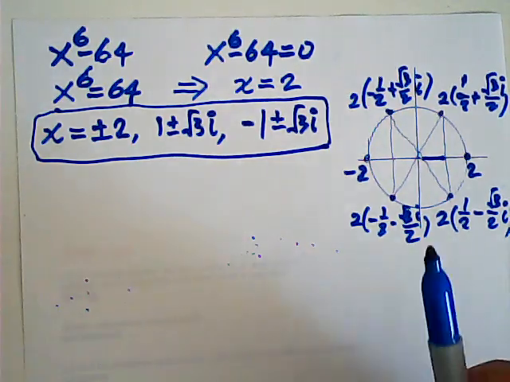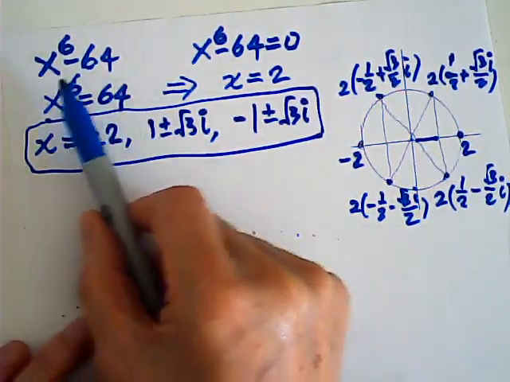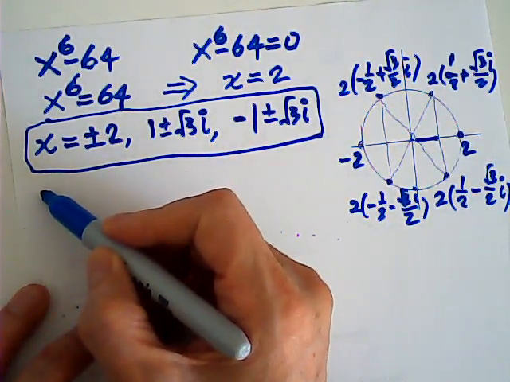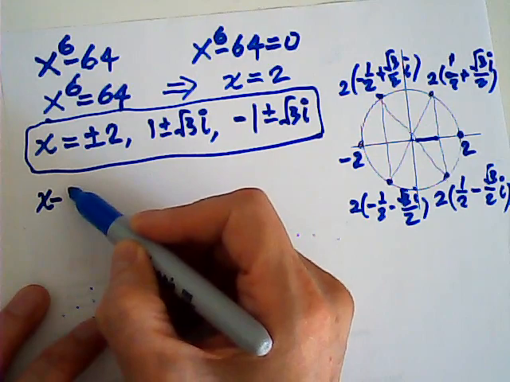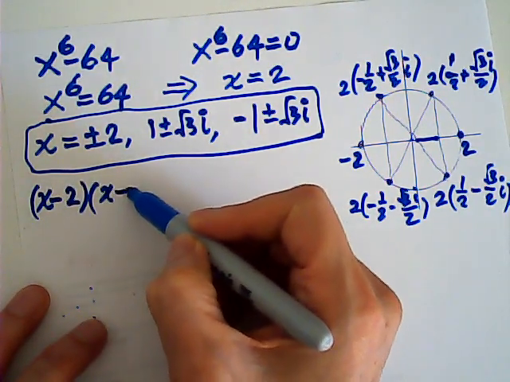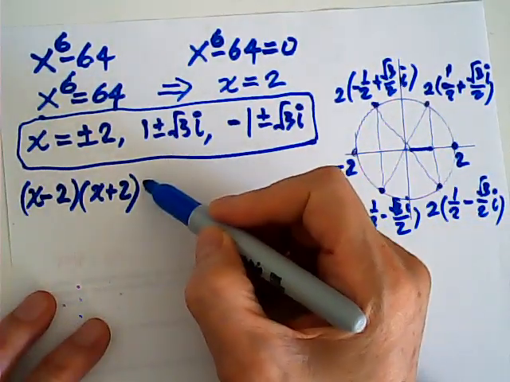Okay, when you're finding the factors, actually these are factors. When x minus the root, that is a factor. x minus another root. See, there's another root.